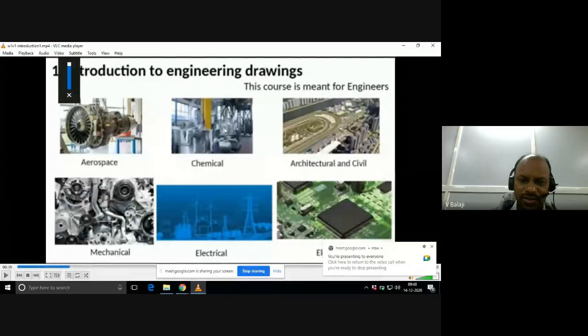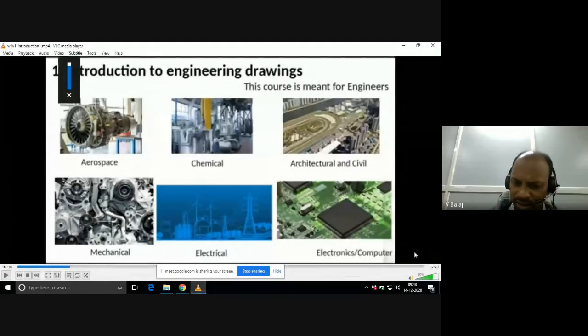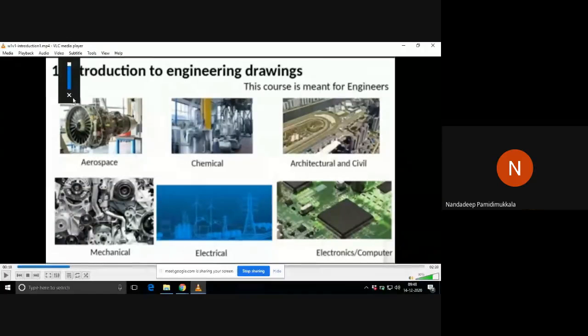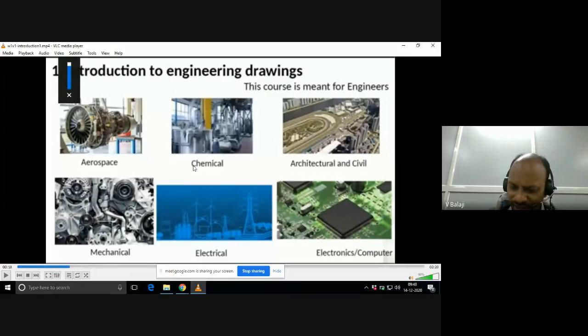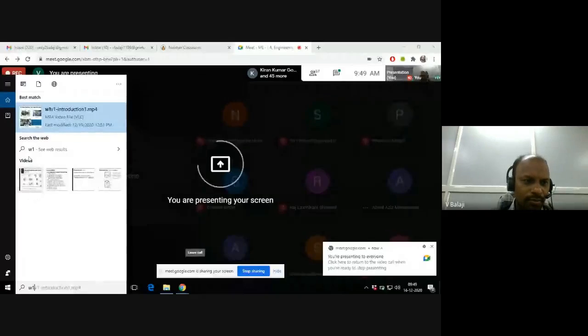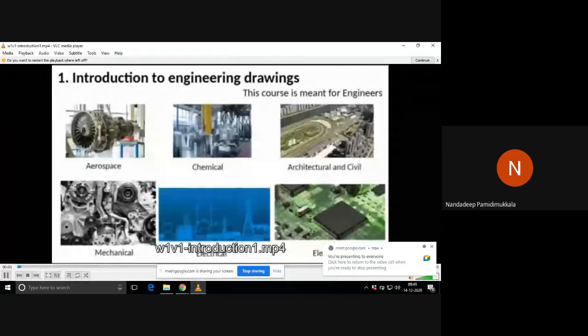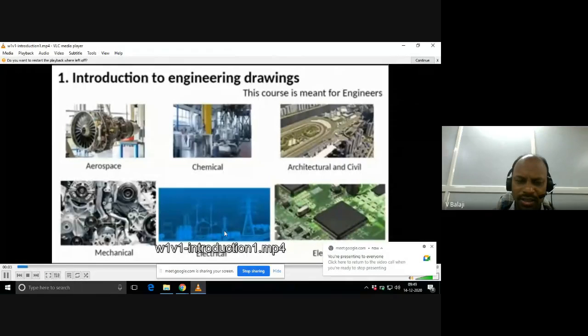It's very important to understand the applications of our engineering drawing. Sir, it's not showing, sir. Oh, actually, I shared already. Let me share once again. I am sharing the entire screen. Is it showing now? Yes, sir.